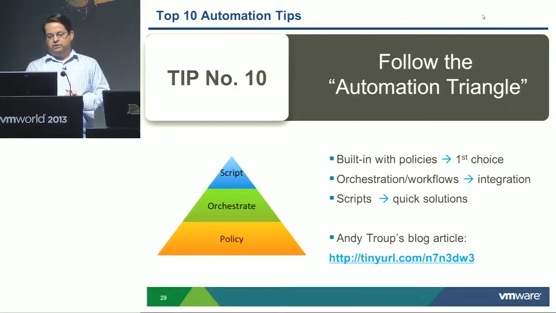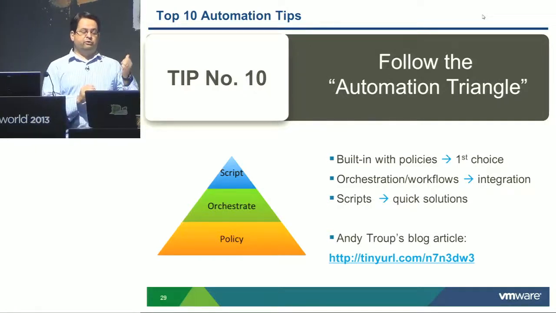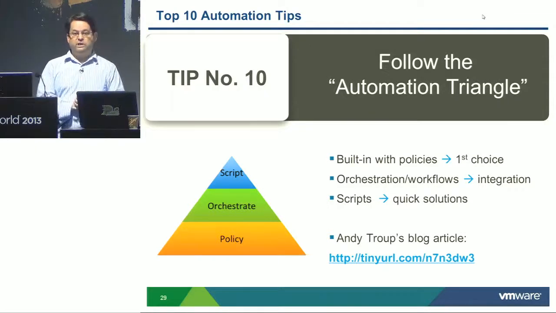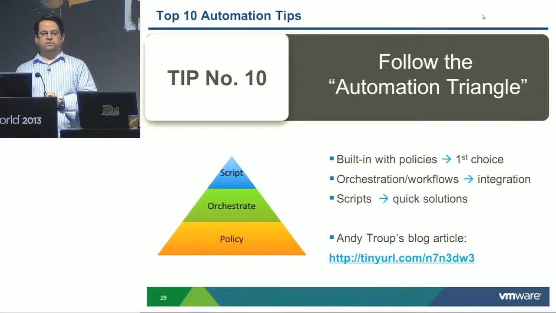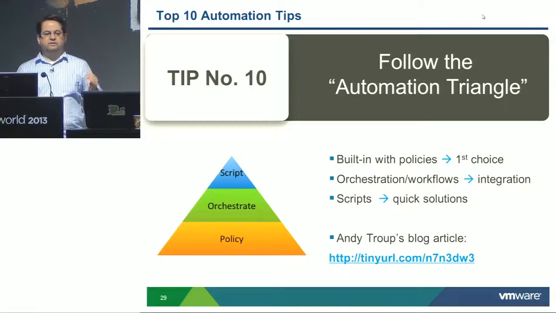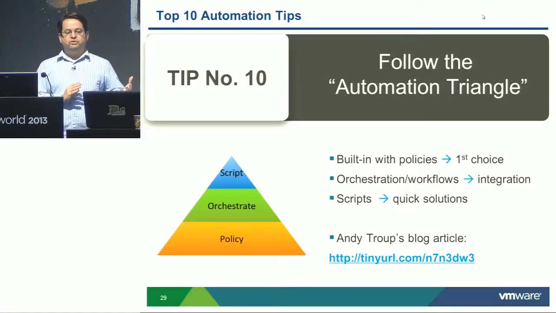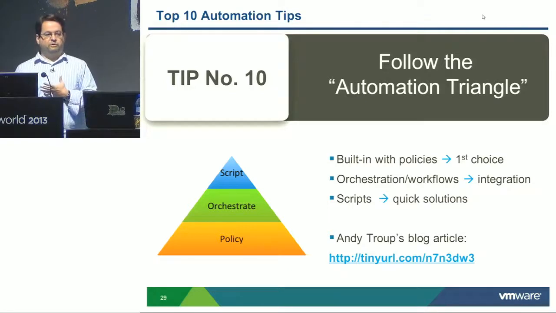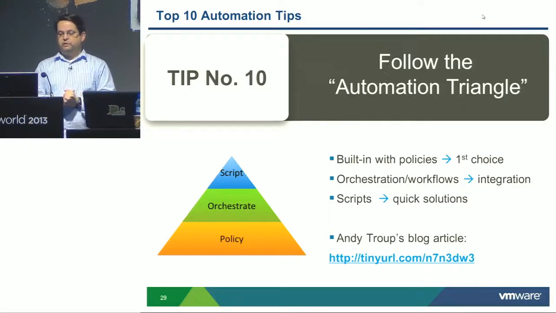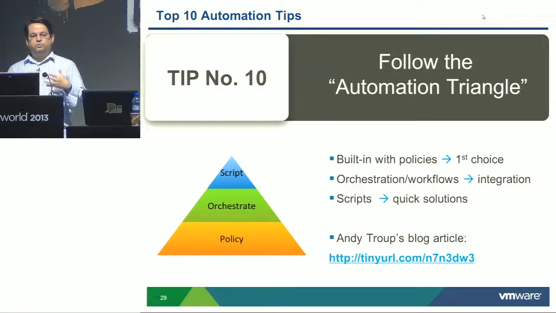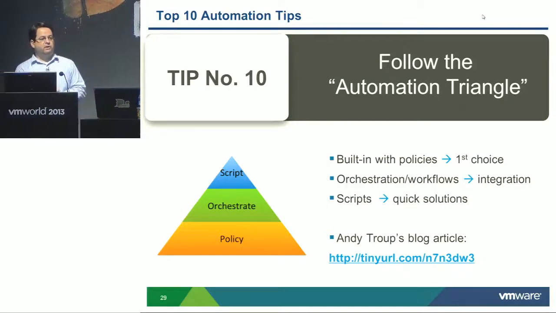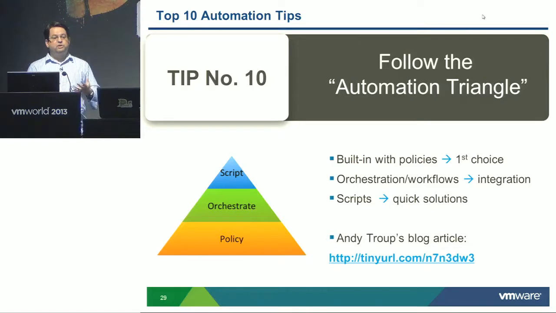Basically one of our colleagues, Andy Trapp, wrote this wonderful article that we strongly encourage you to go and read, where he talks about sort of this good practice of when should you use policy-based automation versus workflows versus scripting. And really, hopefully, you're moving towards a place where the vast majority of your automation is policy-based.